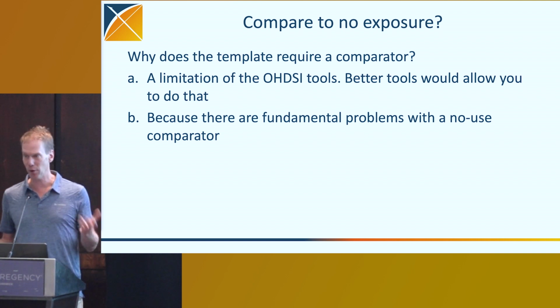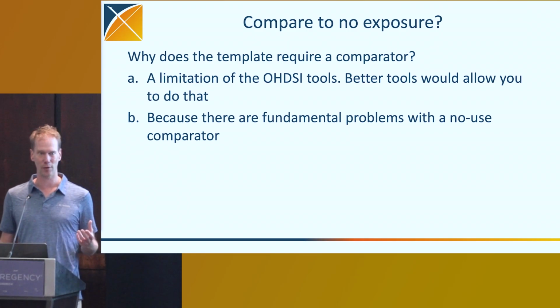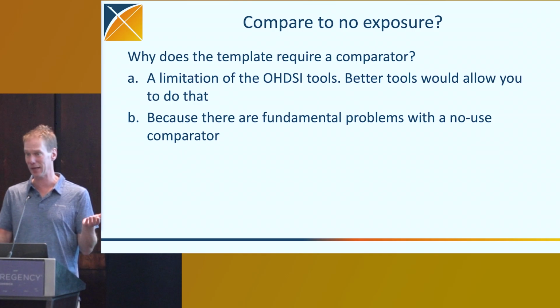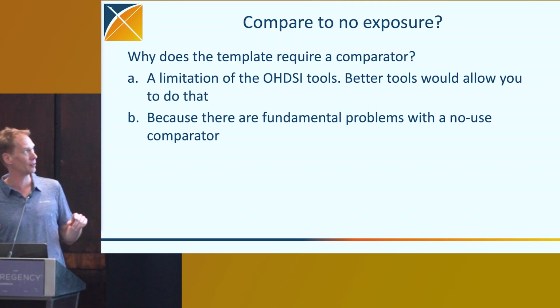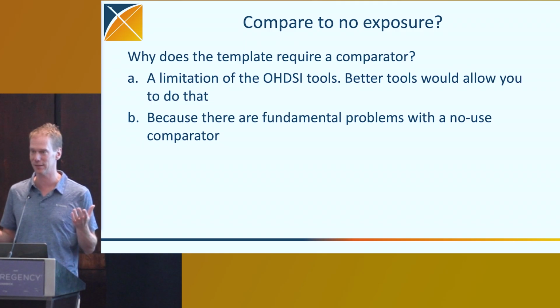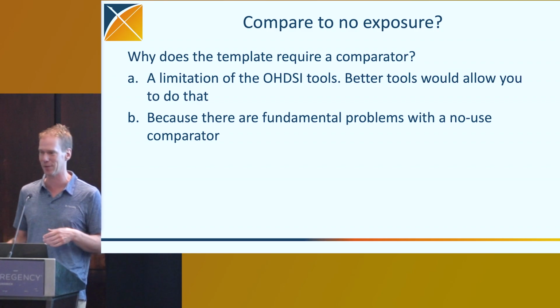That is one major reason: if you take a no-use comparator group, then you're comparing people that are sick enough to actually need a drug to people who are healthy enough to not need a drug. That's a big problem, but that might be something the tool would solve for you, because the propensity score would show that, and probably you would end up with no people to match.